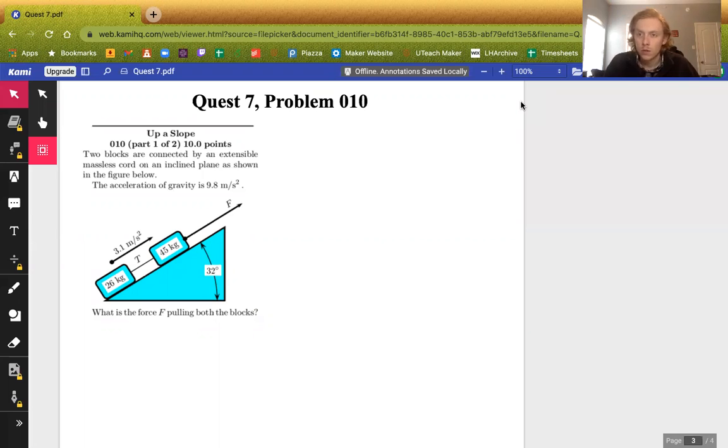There are two different ways you can do this. We've been talking a lot about systems of objects recently, and this is a two-object system. There are two different objects that are connected and their motion is dependent on each other.